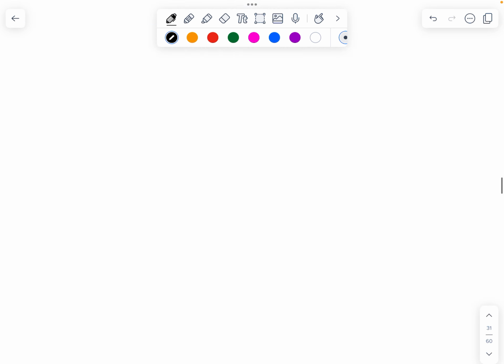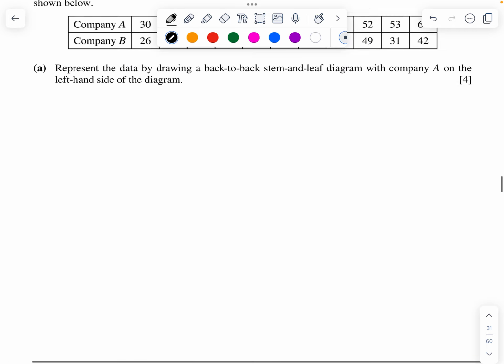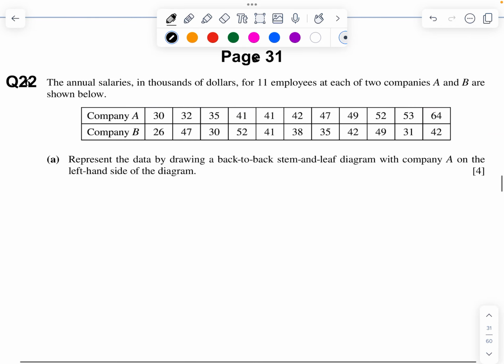Next question from May-June 2020, paper 53. The annual salaries in thousands of dollars for 11 employees are given. Represent the data by a back-to-back stem and leaf diagram with company A on the left-hand side of the diagram.